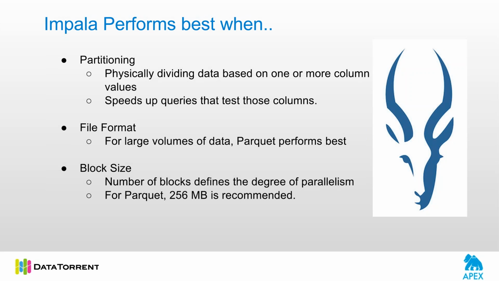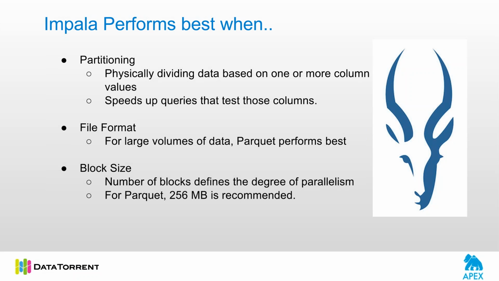The block size defines the degree of parallelism, because whenever we query Impala, each block can be independently processed by a core. If you have a larger block size, then you would have fewer blocks, which could reduce parallelism, but you will have a better I/O throughput.